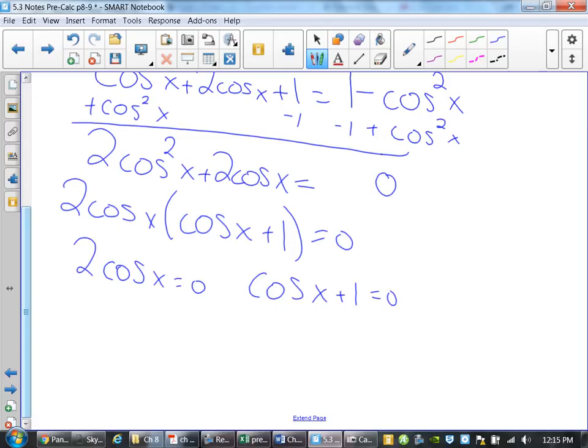So where do you get cosine that's equal to 0? Pi over 2 and 3 pi over 2. And where's cosine equal to negative 1?